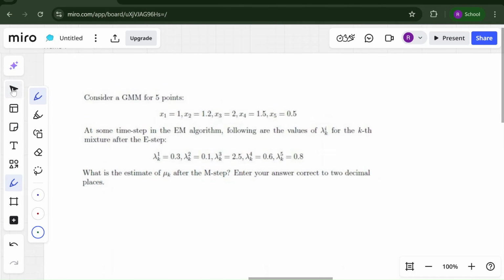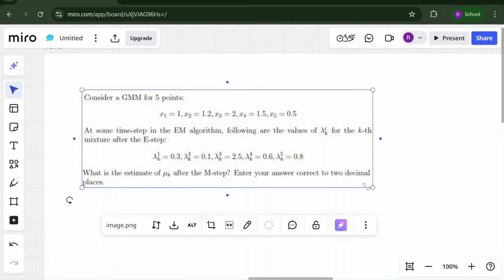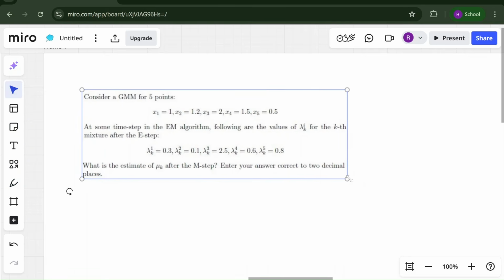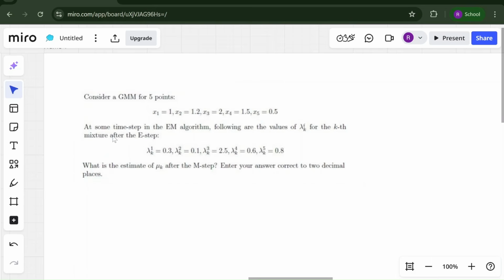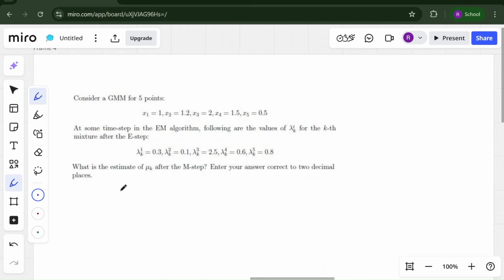Okay, guys. We have another question on Gaussian mixture models. So there are 5 points: x1, x2, x3, x4, x5, and these are the values of lambda ki for the kth mixture after the E step.